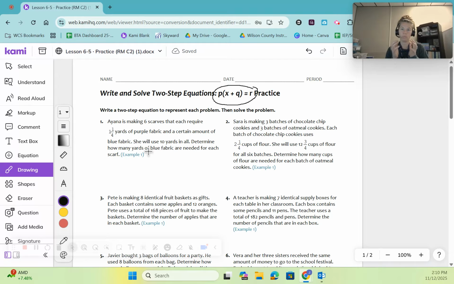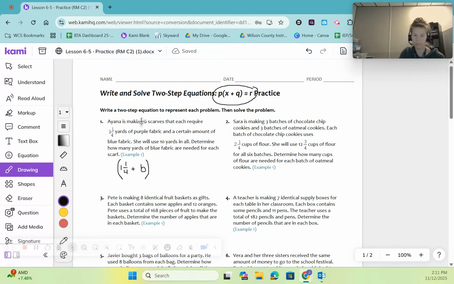In this case, we have 6 scarves and each of the 6 scarves is going to require 1¼ yards of purple fabric and a certain amount of blue fabric. And that's going to be for all the scarves.